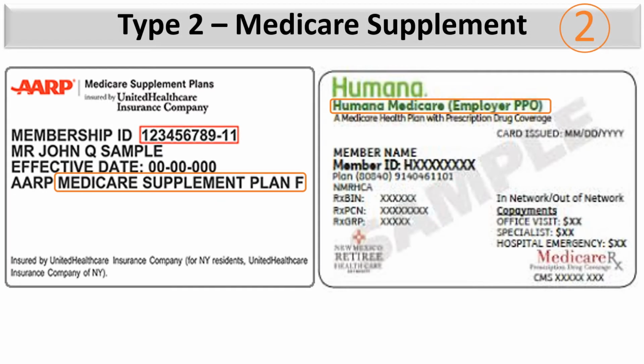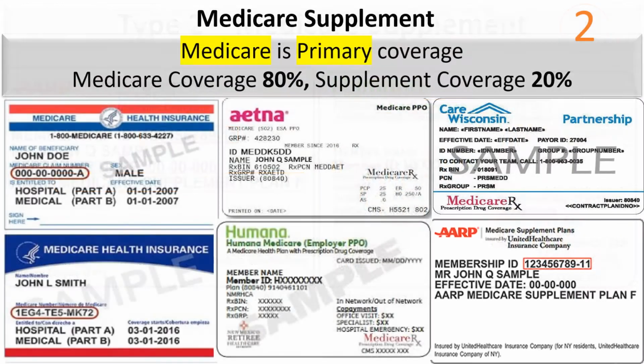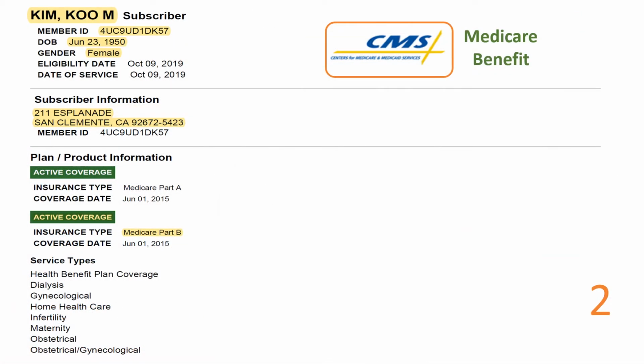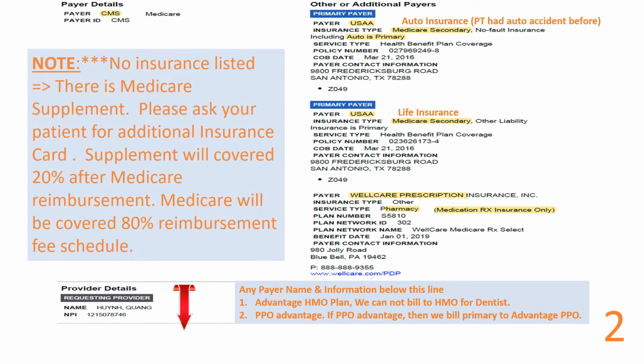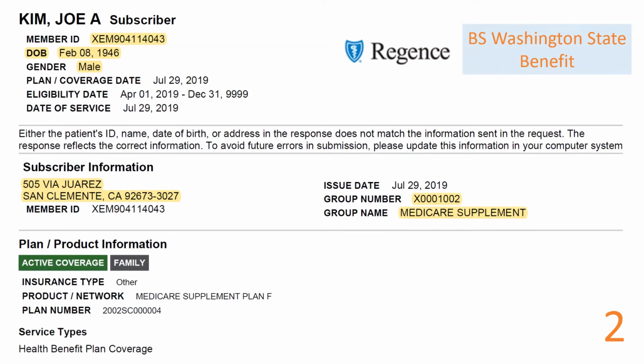Type 2 is Medicare supplement. For the patient who has Medicare primary covering 80%, the supplement will automatically cover the 20% after the Medicare payment. Anything where Medicare is primary.